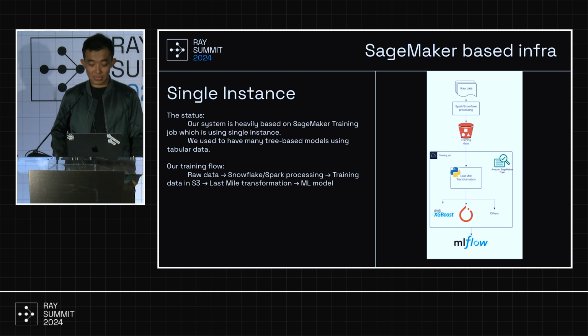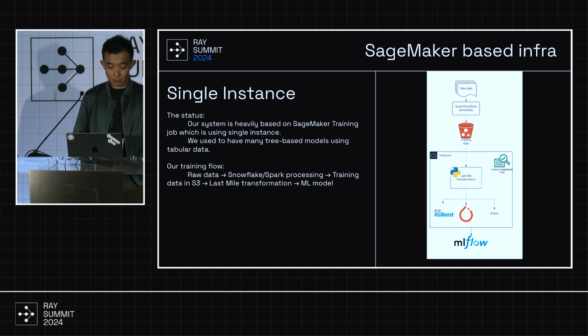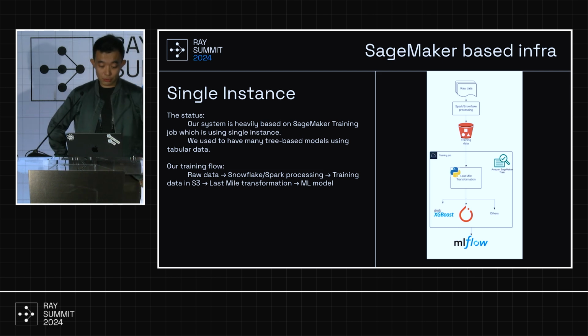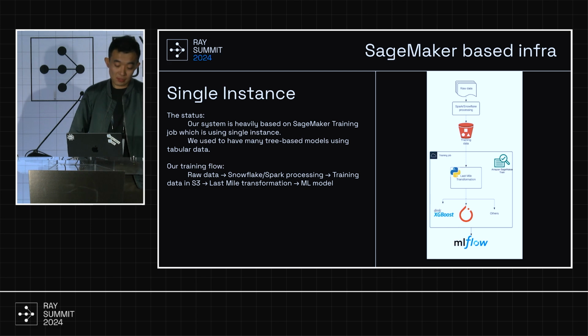For SageMaker, most likely a SageMaker training job uses a single instance, and our system used to be very heavily based on SageMaker training jobs, so it's always a single instance. And we used to use some tree-based models for tabular data. The workflow is like this.